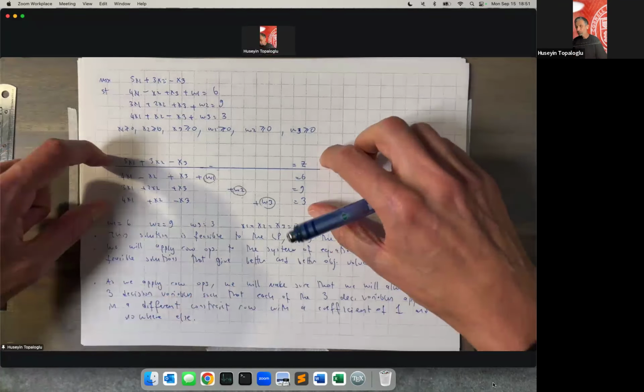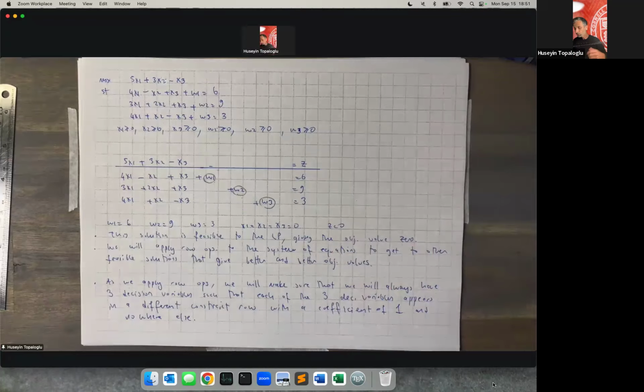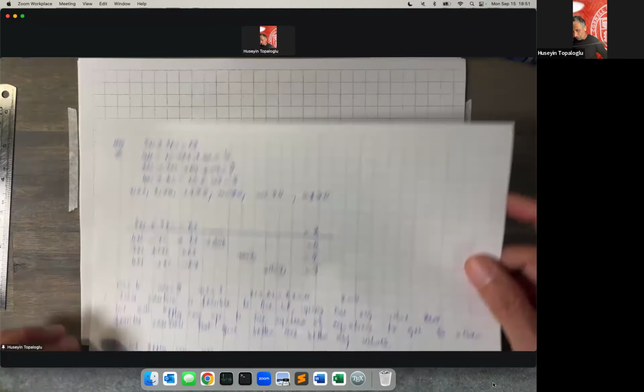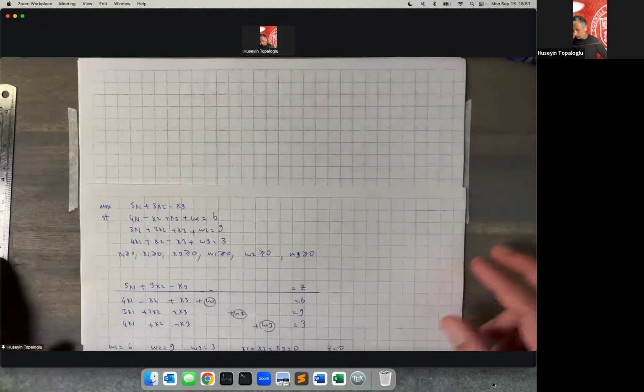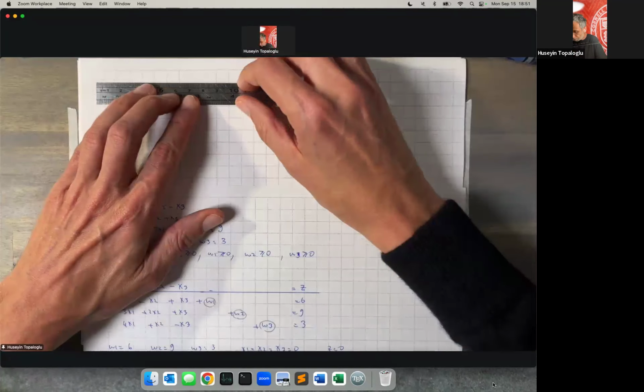So now let's start from the system of linear equations. Let's apply row operations to get to better and better feasible solutions. Let me copy that system of equations right over here.